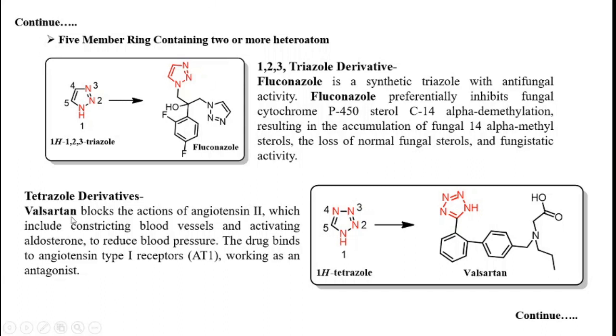That's why valsartan is one of the best drugs for reducing blood pressure, so this tetrazole is used. All the heterocyclic rings are basic structures which have substitutions of different kinds of pharmacophores, which give different kinds of pharmacological action.